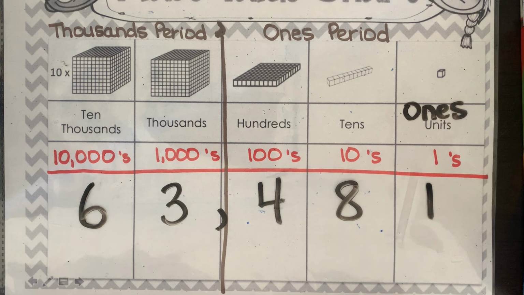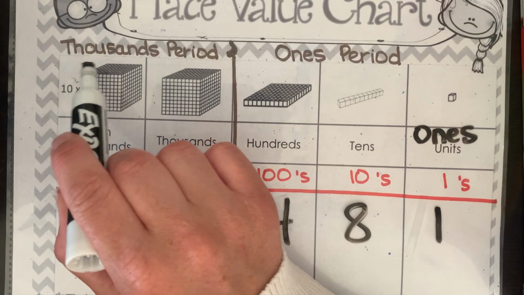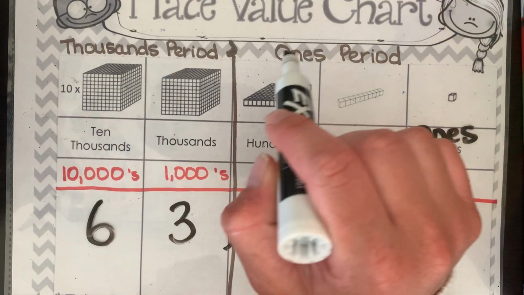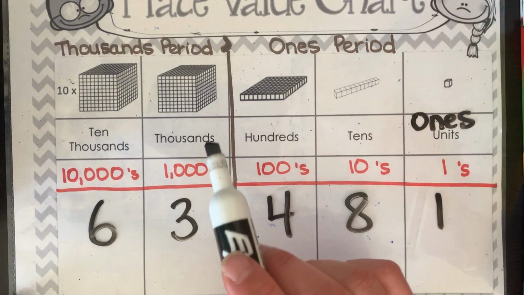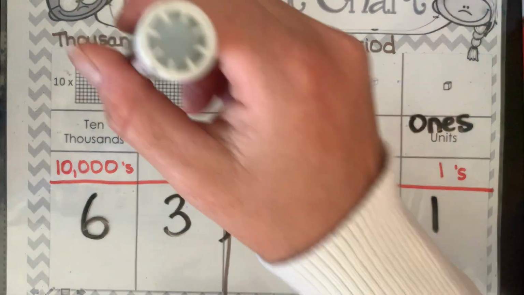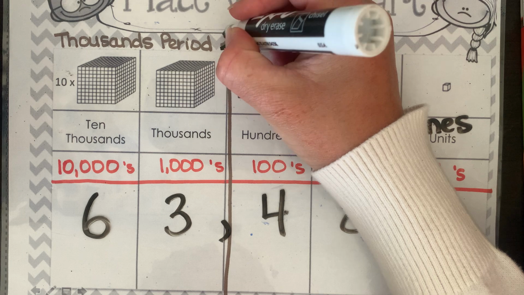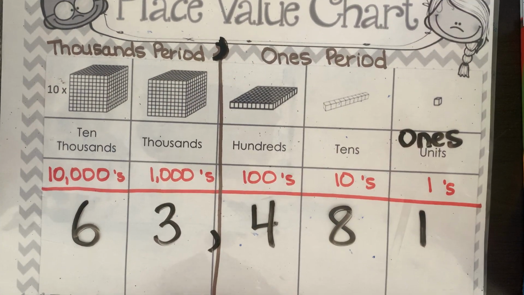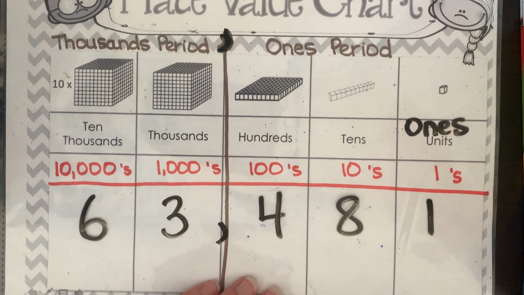So we might have a billions period. Then the smaller one would be millions. After our millions period comes our thousands period, followed by our ones period. So when we're reading a number, we have to read the commas and name the period that they're in. And let me explain that.